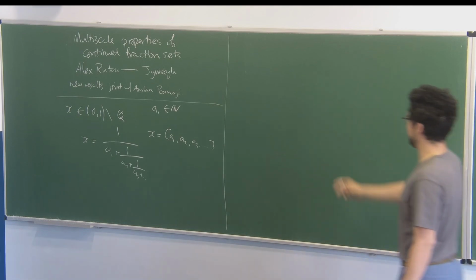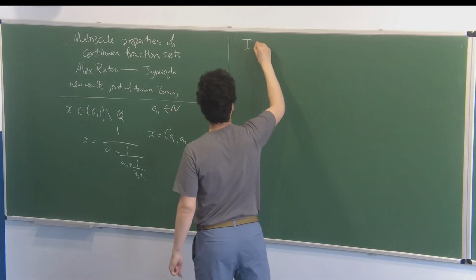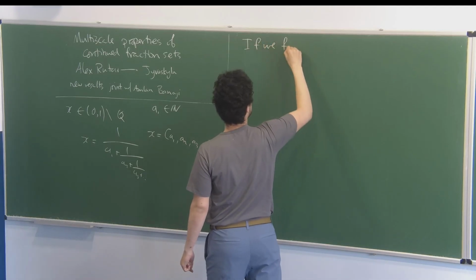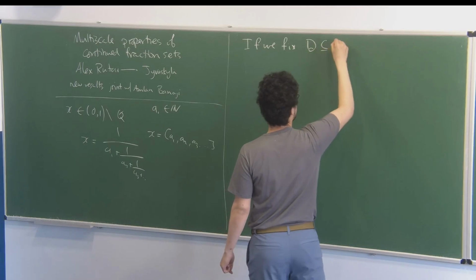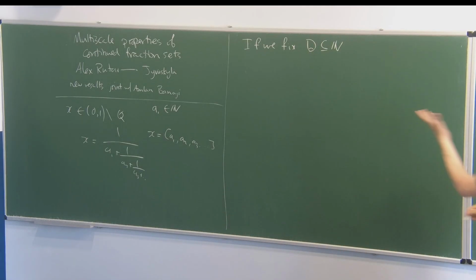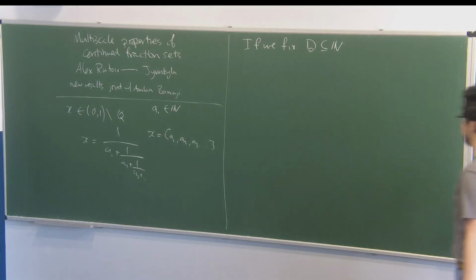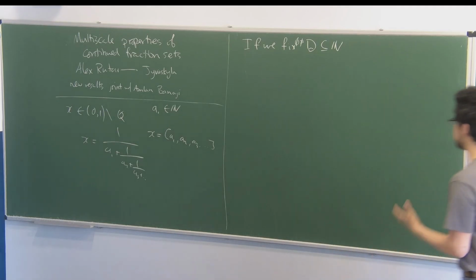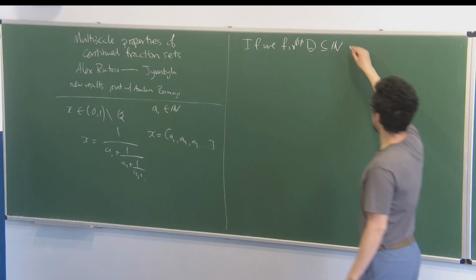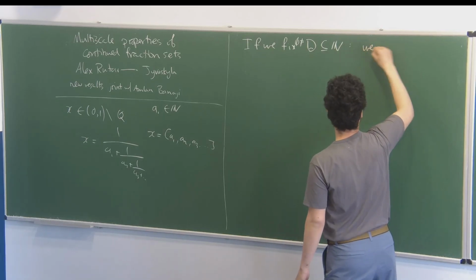So I'm interested in the following. If we fix some set of digits, let's call it D. Maybe this is an infinite set of digits, so it's just some set of digits. I guess it should be non-empty, otherwise things aren't going to go so well. So we fix some set of digits, and we are interested in the following set.